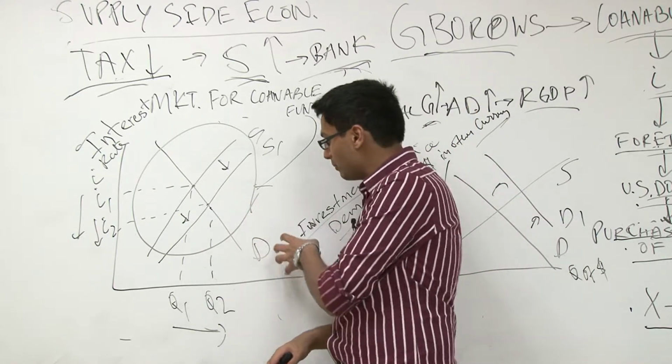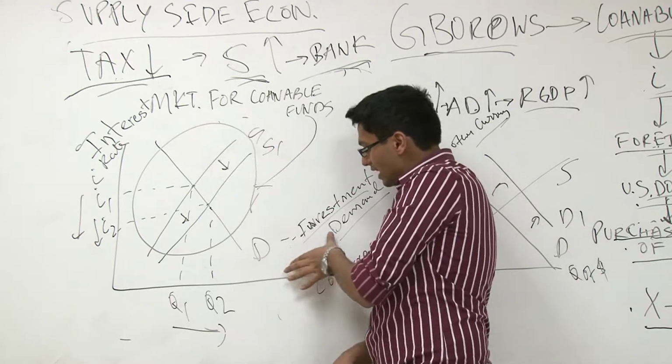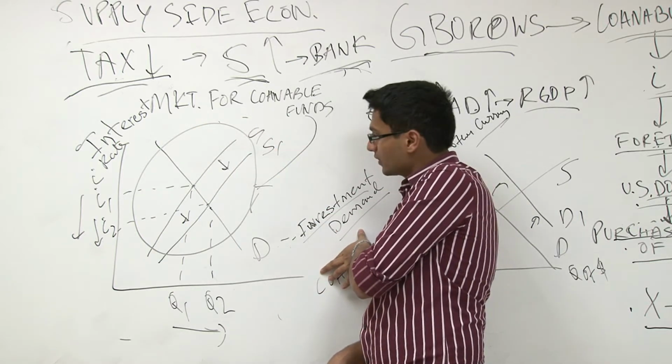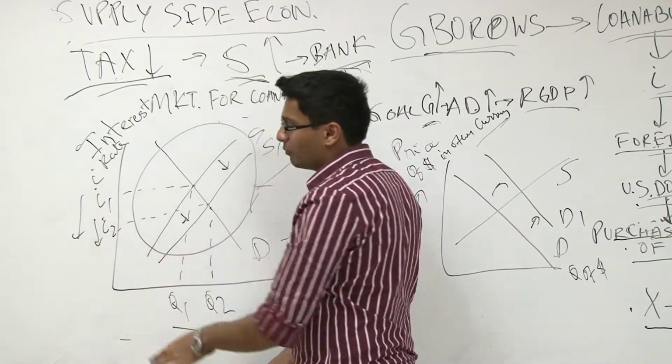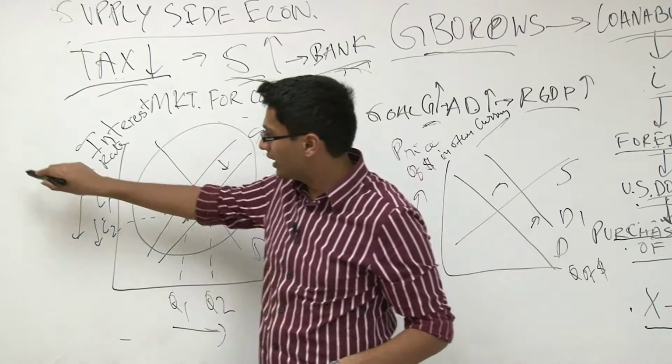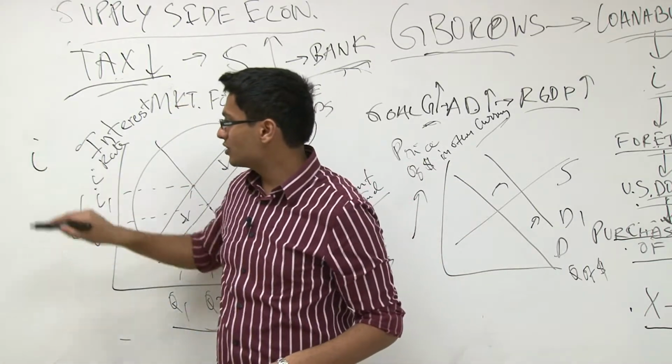This is where the firms, remember, the demand function in a market for loanable funds is the investment demanded by the firms. So when the supply increases and the interest rates come down, remember the way that investments work: there's a real rate of return for your projects and there's an interest rate at which you're borrowing.